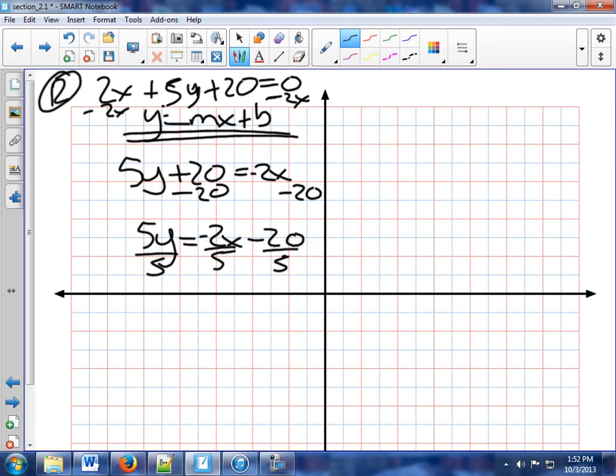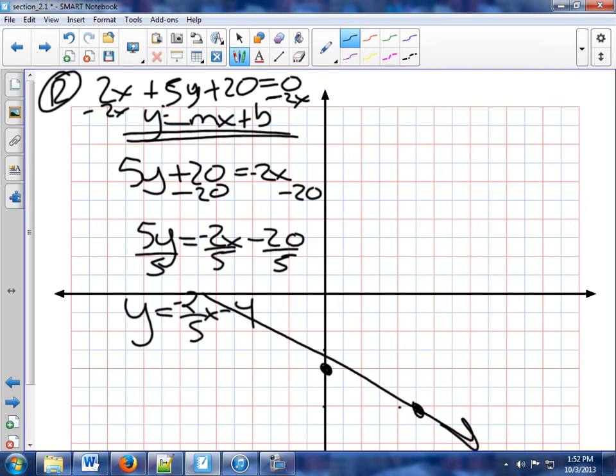So I'm going to divide everything by 5. y is equal to negative 2/5 x minus 4. 1, 2, 3, 4, my y-intercept. My slope is down 2. 1, 2, 1, 2, 3, 4, 5. That's how I would do that one. Gotta make my dot bigger because I missed it.